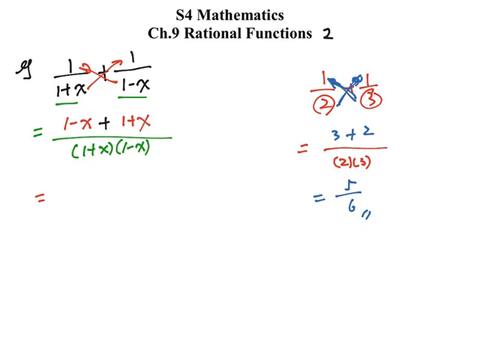Then we can simplify. 1 plus 1, 2, and negative x, positive x, so actually opposite. So we can cancel it. So finally, it's 2 over 1 plus x times 1 minus x. Now for normal question, we just put it to the answer. But sometimes we need to do the rainbow for denominator. But for the written question, this is the answer.